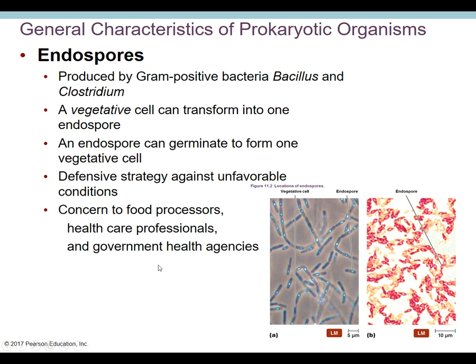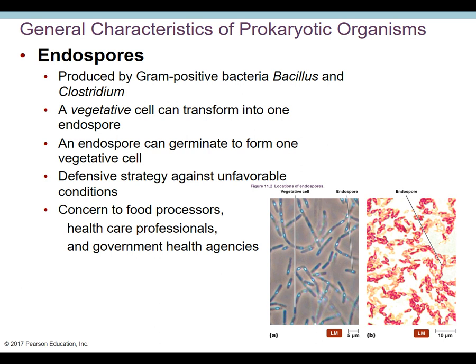The main concern about Bacillus and Clostridium comes from people who process food, especially canned food, because the canning process involves high heat and high pressure, and that does kill most organisms, but if spores get into the food, they will not be killed, especially if the spores are dangerous species.